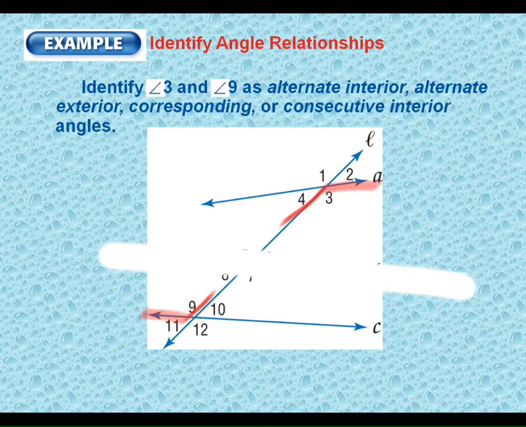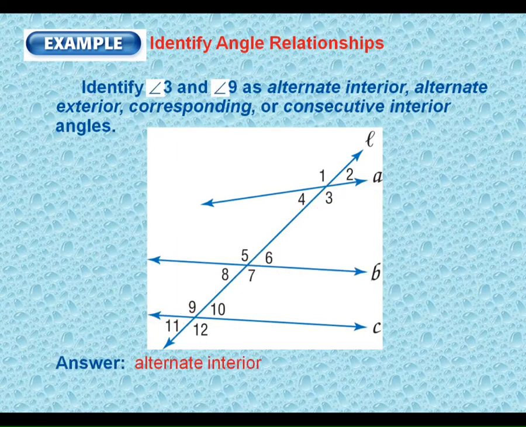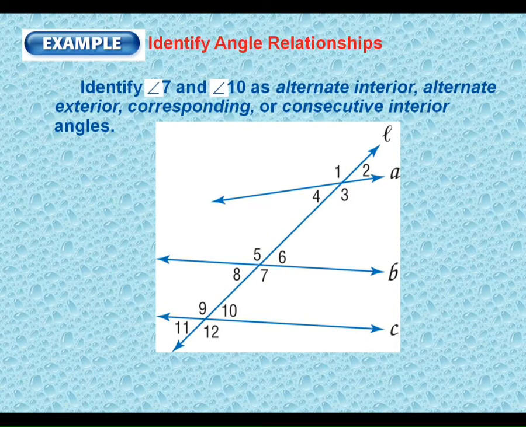What would you say those are? Alternate interior. Interior angles, alternate sides of the transversal. Good. And 7 and 10. Those two angles right there. Consecutive interior, right? Consecutive angles on the interior. Very good.